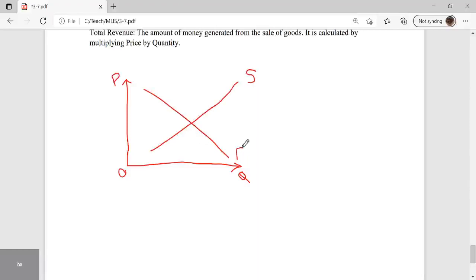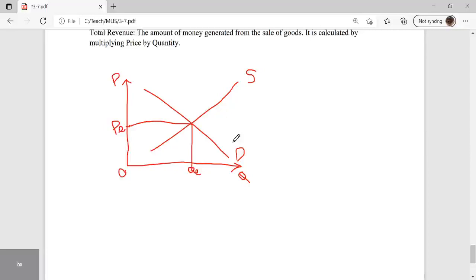So what's that? That's our same old demand and supply curve, right? And where the demand and supply are equal, or where they're intersecting, that's known as the equilibrium price and quantity, right? So simple, the equilibrium price and quantity is over here.